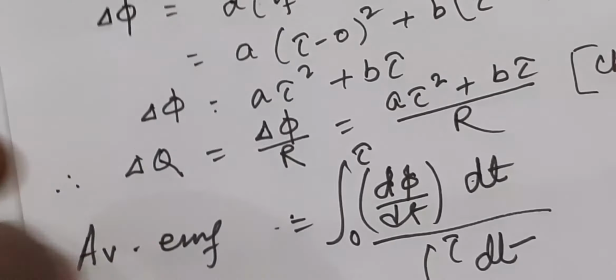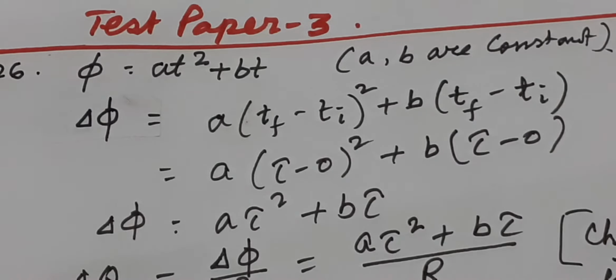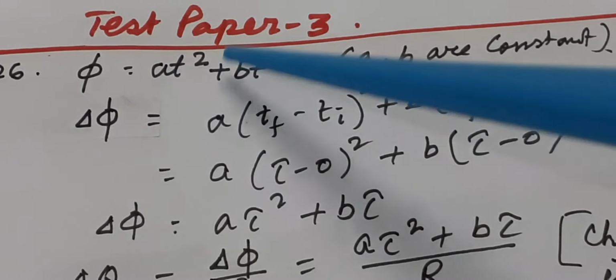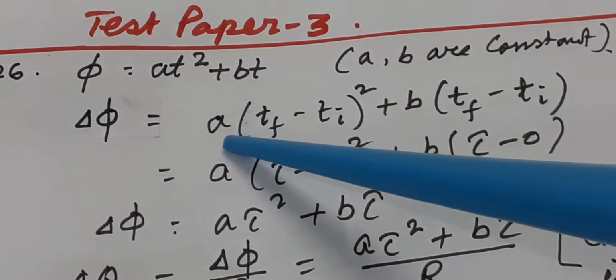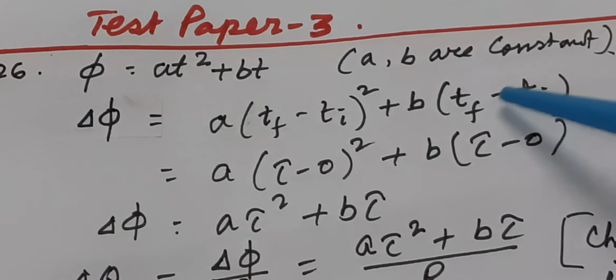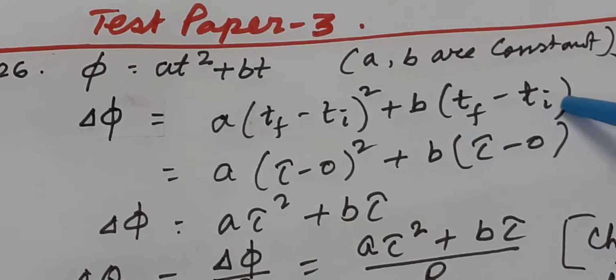Change in flux delta phi. Phi is given, delta phi will be, because time is variable, a into time final minus time initial whole square plus b, as this equation has given, time final minus time initial.